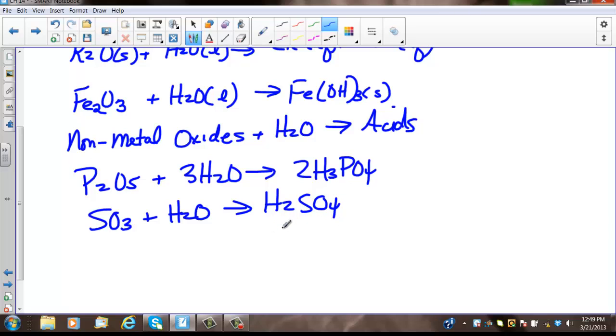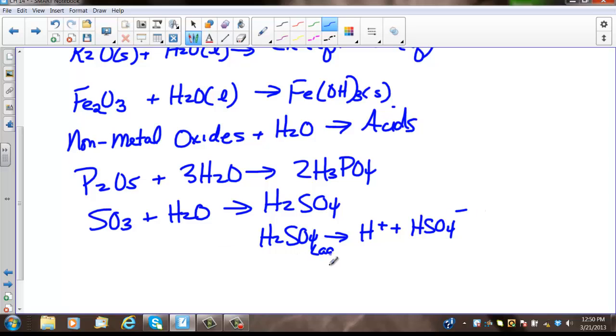So H2SO4 is going to dissociate and react with the water and break down into H plus and HSO4 minus.